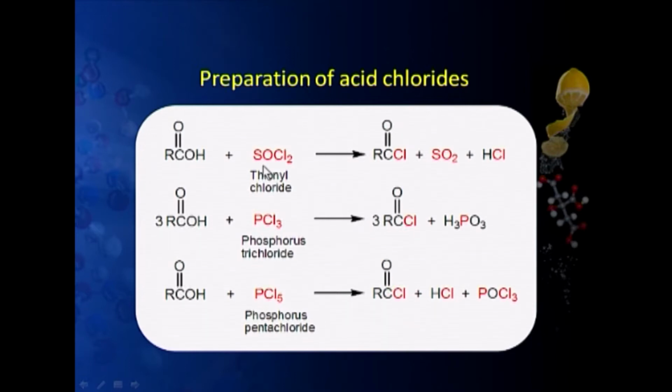So, this is considered the best method for the preparation of acid chlorides because in this no other side product is formed. These two products which are obtained as side products are gases and they are lost. So, if we use the calculated amount of acid and thionyl chloride, we will get pure acid chloride, although PCl3 and PCl5 are also commonly used. We will discuss the mechanism of these preparations.